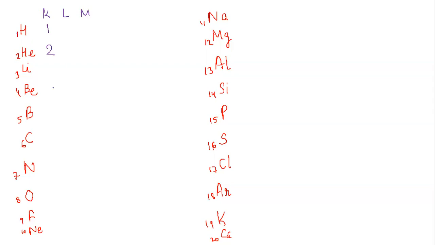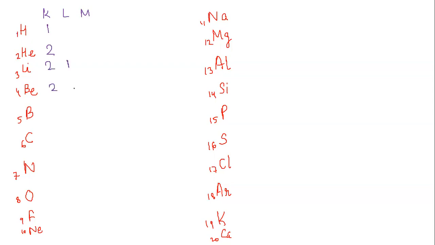Madiha, tell me the electronic configuration of lithium. Yes, it's correct, 2, 1. 2 electrons will go in the K shell, 1 electron will go in the L shell.